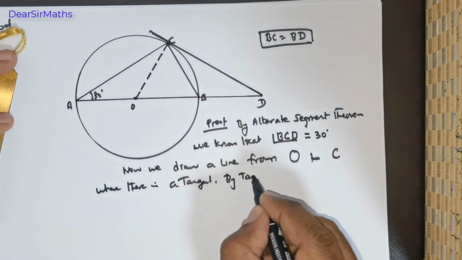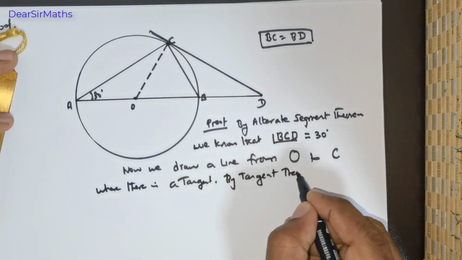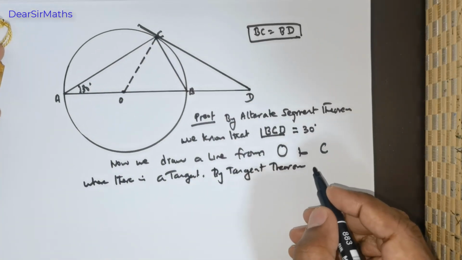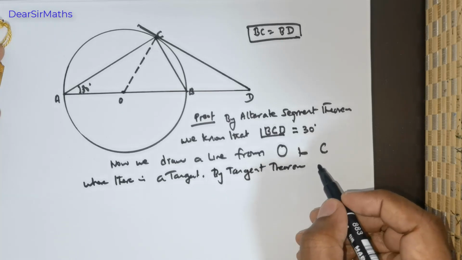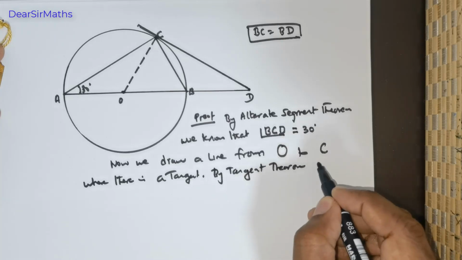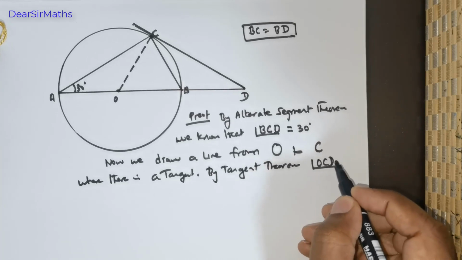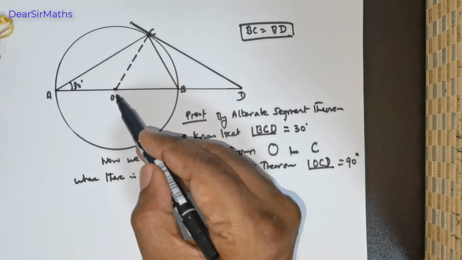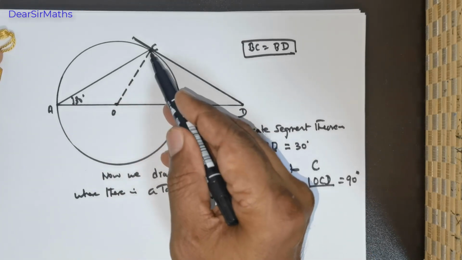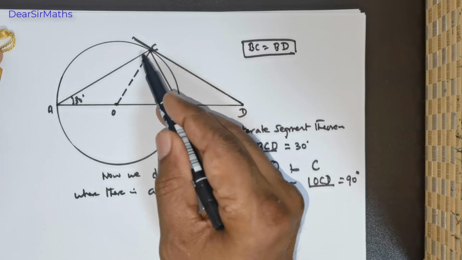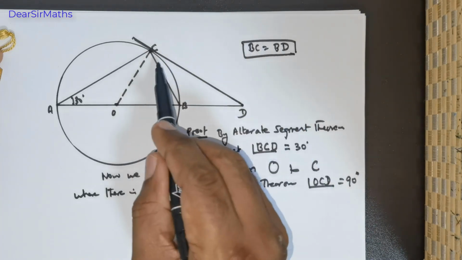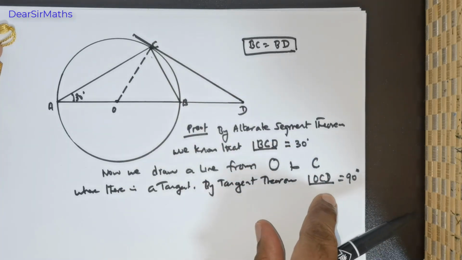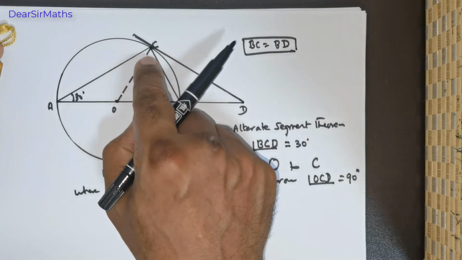By tangent theorem, what do we know? OCD, the angle at C, is equal to 90 degrees, right? Because if you draw a line from the center to the tangent, it would make an angle of 90 degrees. I'm not drawing it here, it is observed, right? So I mentioned it here. Okay, so I have a 90 degree here.